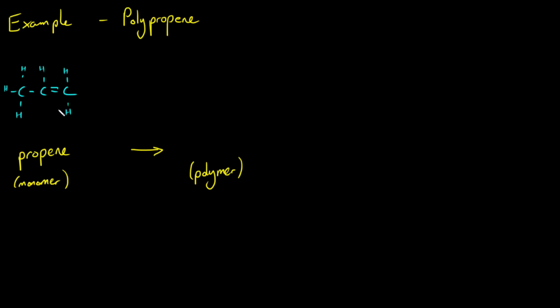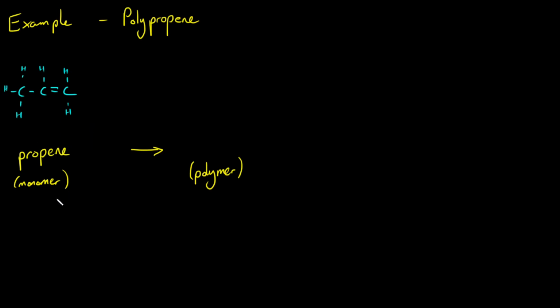Now, when we're drawing out monomers, there's a specific way that makes your life so much easier than drawing it out like you normally would. If I asked you to draw propene, this would probably be the way that you would normally draw it.